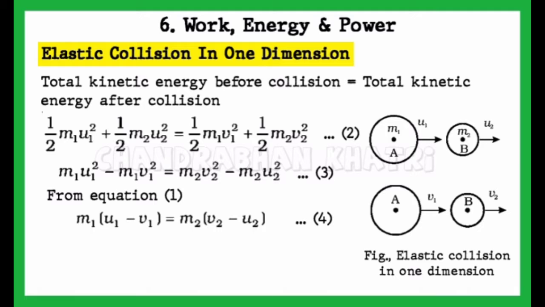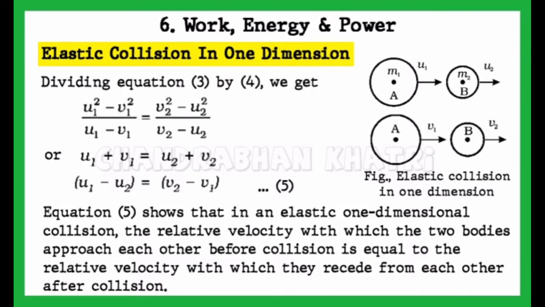This is equation number 2. Or m1 u1 square minus m1 v1 square is equal to m2 v2 square minus m2 u2 square. This is equation number 3. Now from equation 1, m1 into (u1 minus v1) is equal to m2 into (v2 minus u2). This is equation number 4.